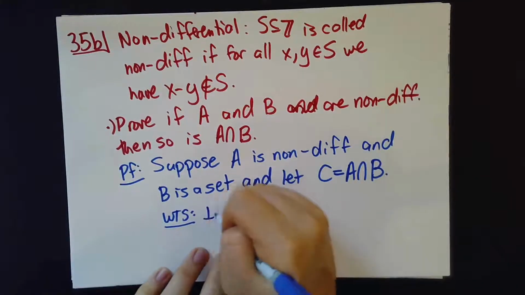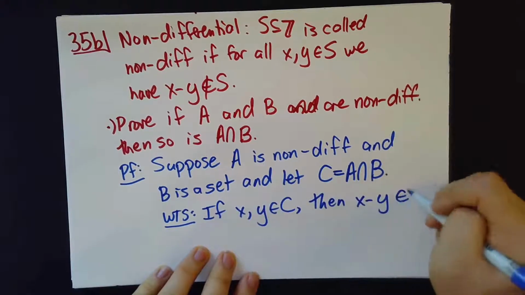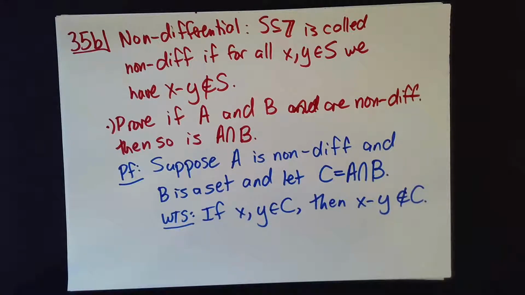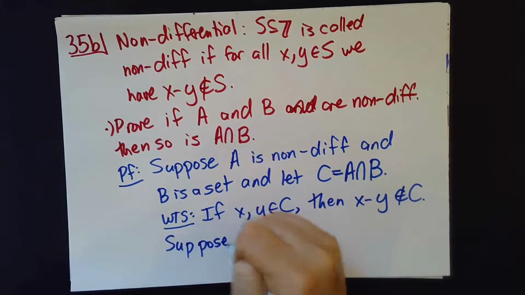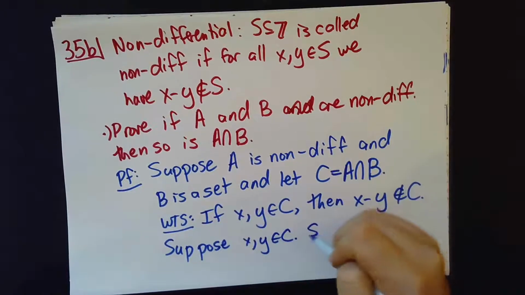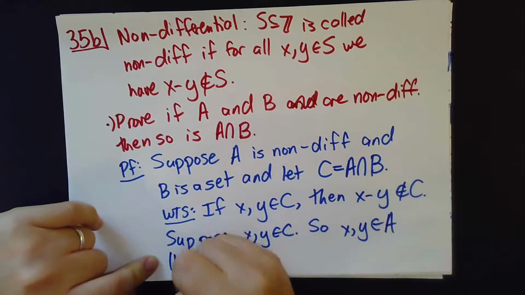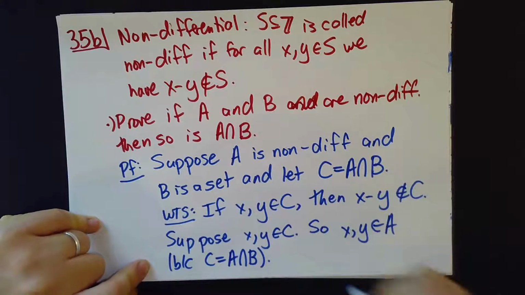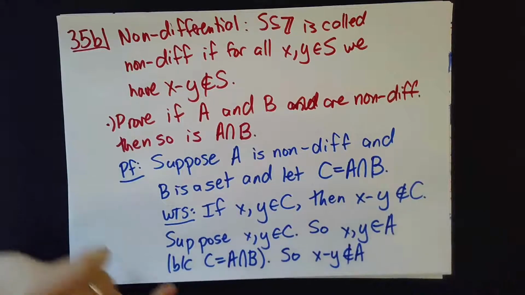That is, I want to show that if X and Y are in C, then X minus Y is not in C. So that tells me what I need to do, which is to suppose X and Y are in C. So X and Y are in A, because C is A intersect B. And so X minus Y is not in A, because A is non-differential.